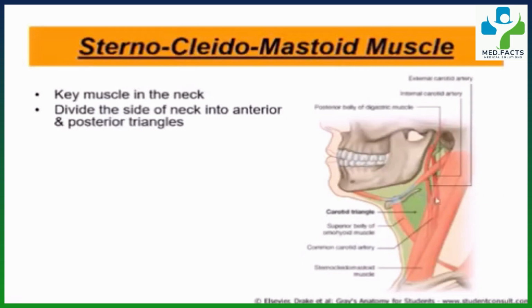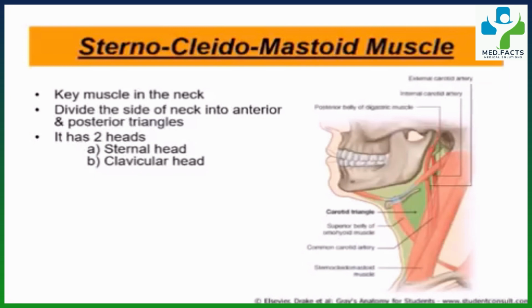The part which is in front of this muscle will be called the anterior triangle. The part which is behind this will be called the posterior triangle. So this muscle will divide the neck on either side into an anterior triangle and a posterior triangle.